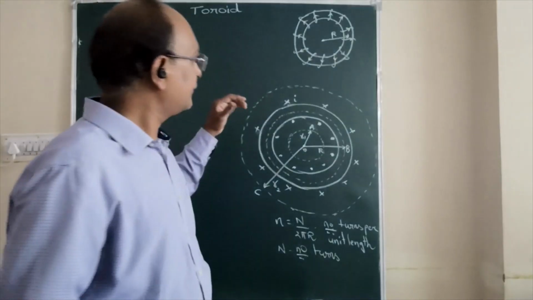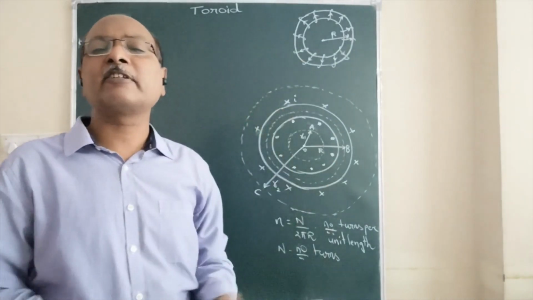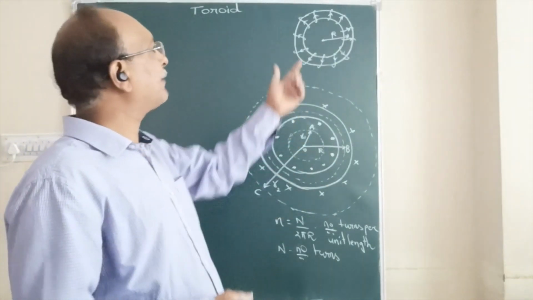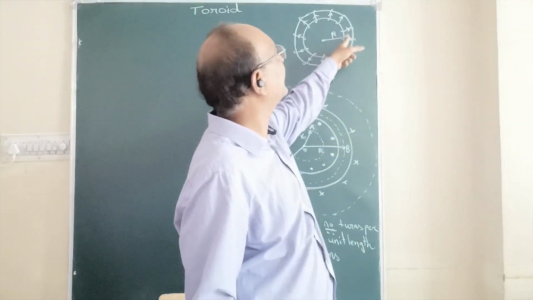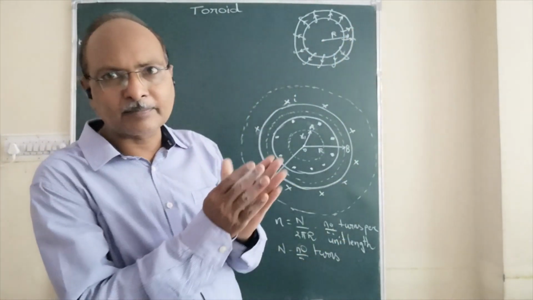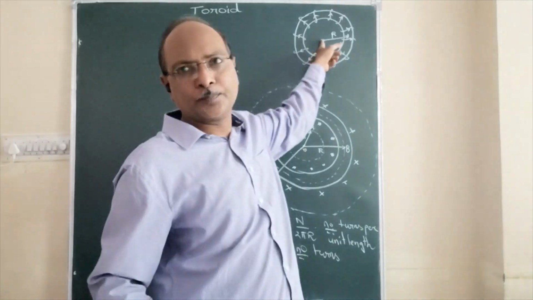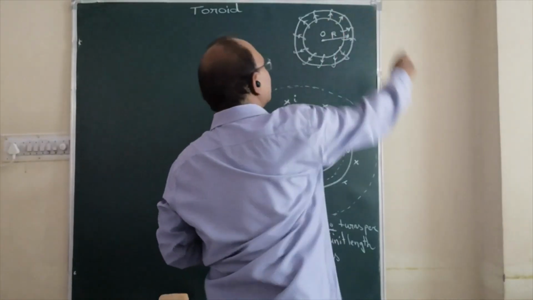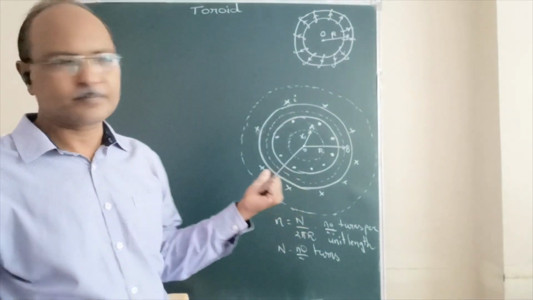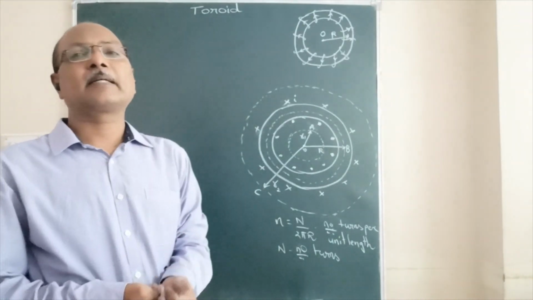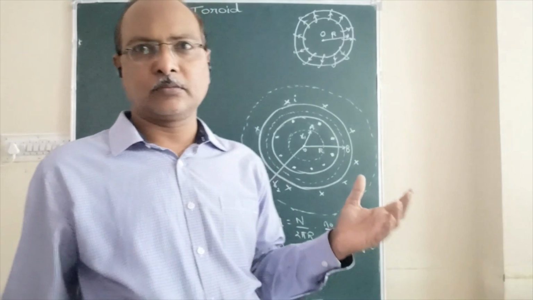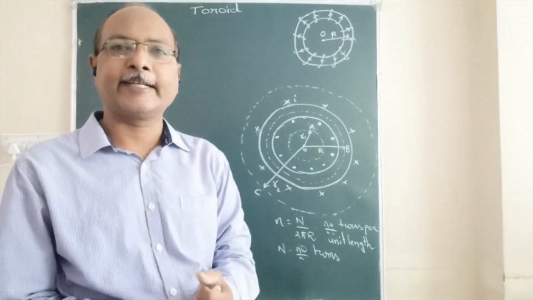Now here, we find the strength of the magnetic field. Suppose capital R is the radius. We are taking the radius from the middle of the central portion to the center O. This is the center. So that is the radius. Now we consider Amperian loops. So 3 Amperian loops we are taking.